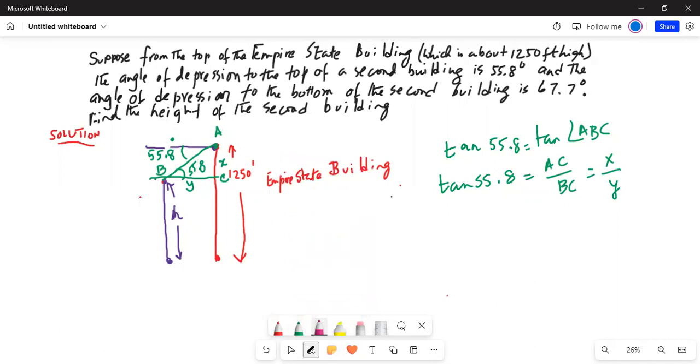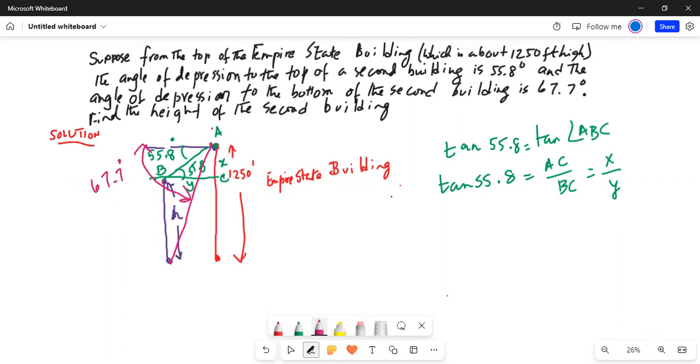So somebody looks from the top of the Empire State Building to the bottom of the second building. From here to the top of the Empire State Building, this angle is given as 67.7 degrees.